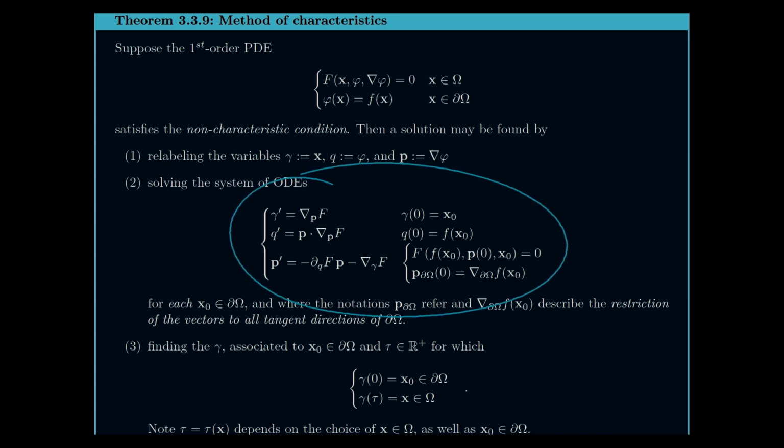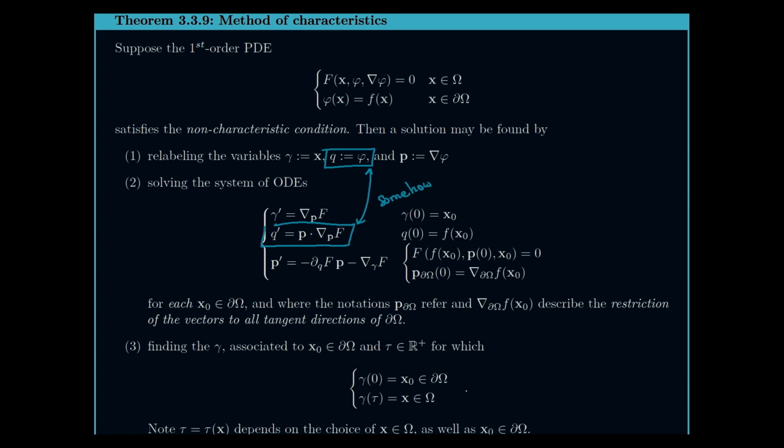So we've got a system of ODEs that we're going to solve. At this point, we haven't solved our problem yet, right? We just have solved a collection of ODEs. And yet, after solving this collection of ODEs, if we look at this middle line, since q is phi and phi is the solution, we should be able to find phi from q.